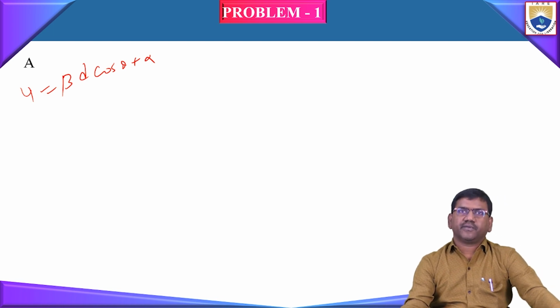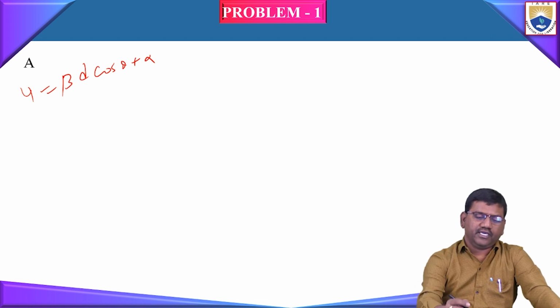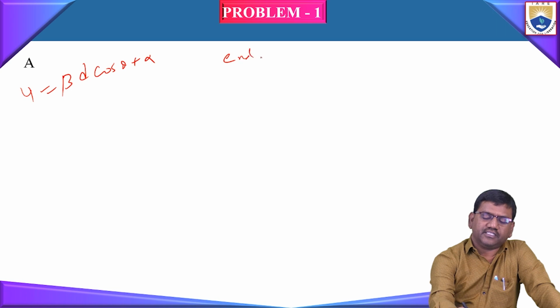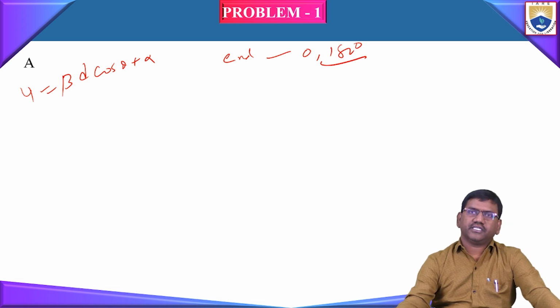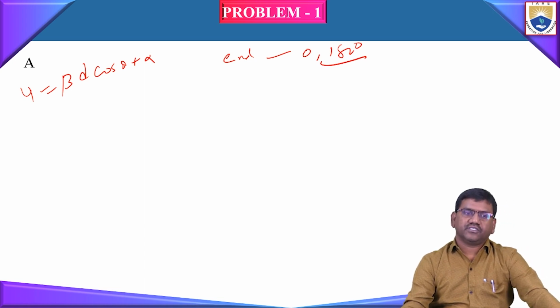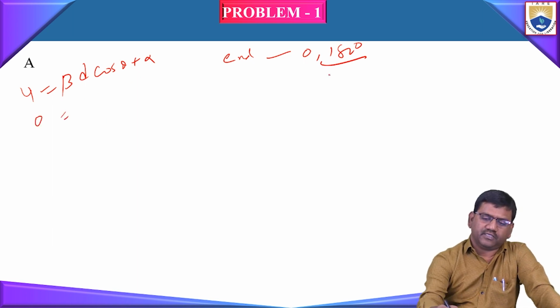And beta is the propagation constant 2 pi by lambda, and d is the spacing between the elements, lambda by 2. So we know that for the end-fire array, the radiation will be along 0 and 180 degrees. So we need to satisfy this equation to get the radiation pattern either in the direction of 0 or 180. The psi value, the total phase angle, must be 0, and theta, suppose let us take theta as 0 here.